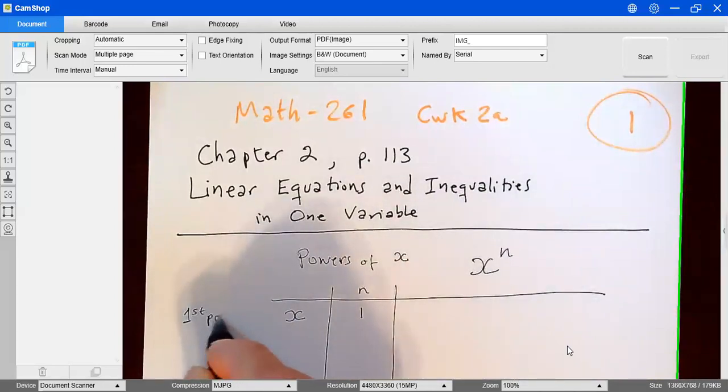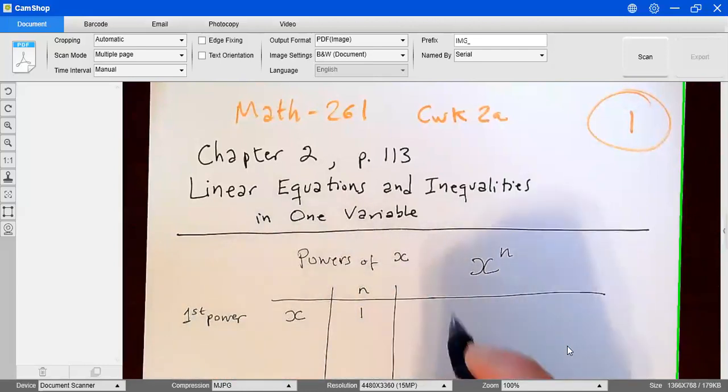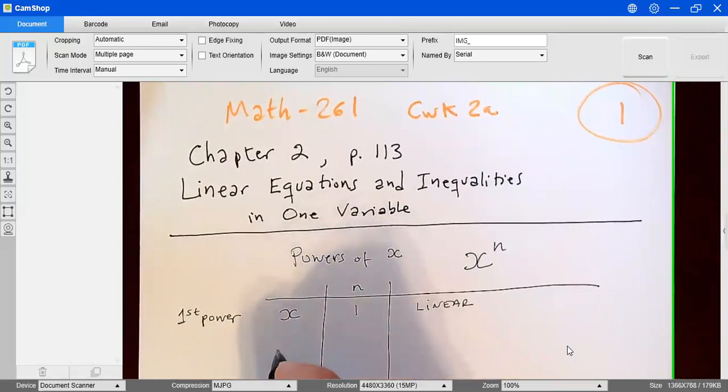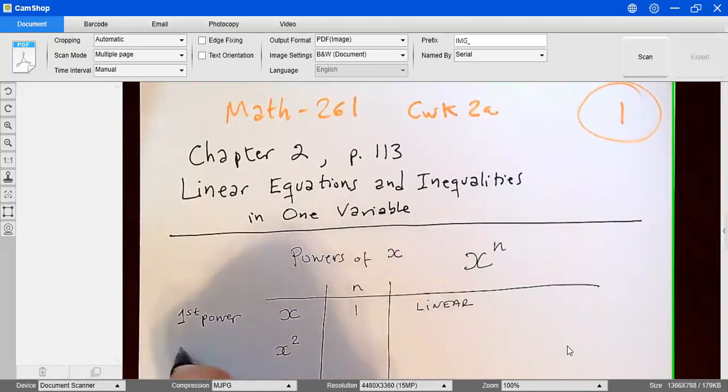This is the first power of x, and usually we use the word linear to indicate that we are dealing with a variable to the first power. We can have also x to the second power. So this is the second power.